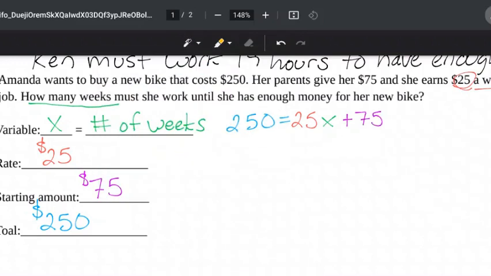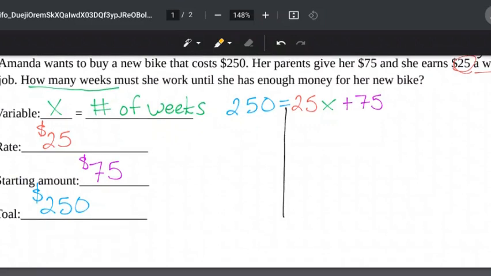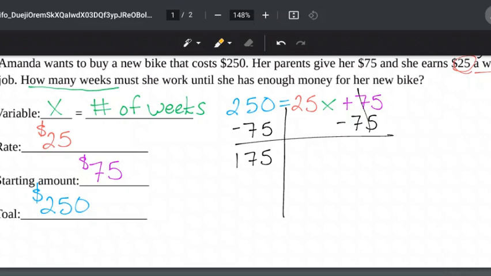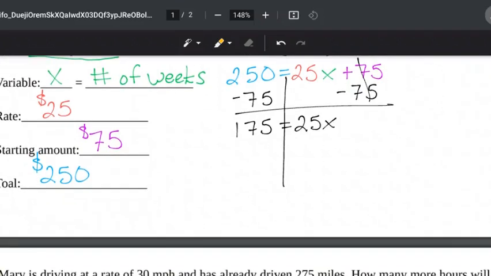All right, we have plugged in all of our information. Let's go ahead and solve. So to isolate the x term, we must subtract 75 from both sides. We get 250 minus 75 gives us 175. Left with 25x. We divide by 25 on both sides.